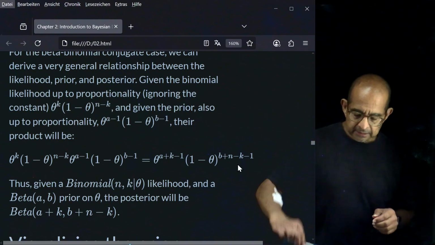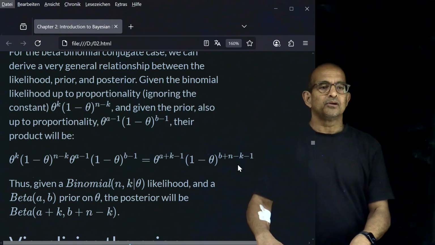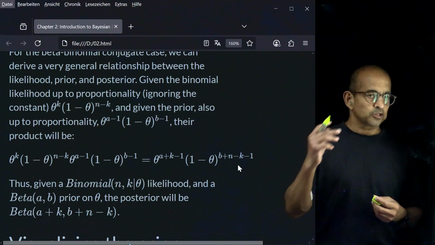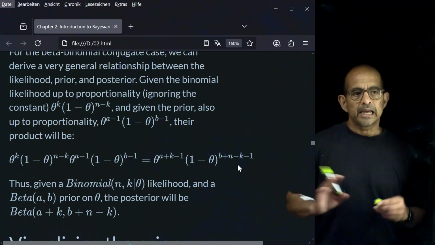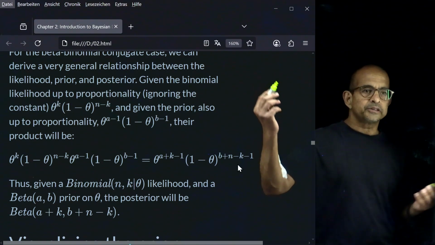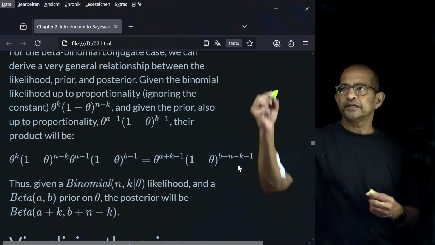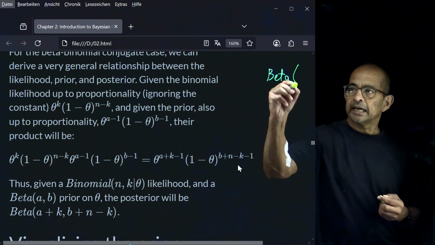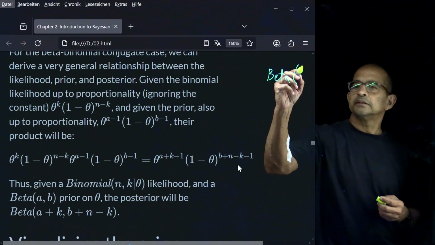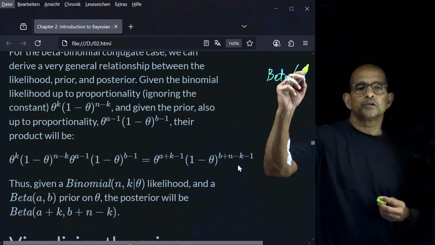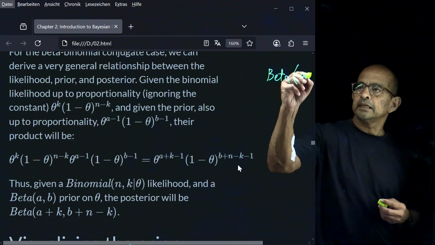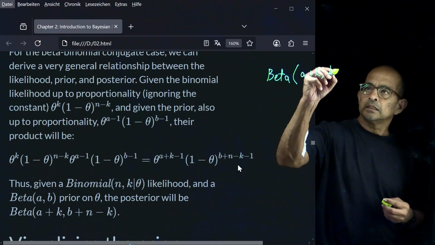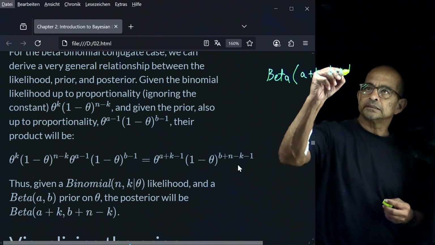is that I can literally write out now a general solution for the beta-binomial case. If I'm assuming a binomial likelihood and a beta prior, I already know, without doing any more math, that I can literally write down the posterior as a plus k and b plus n minus k.